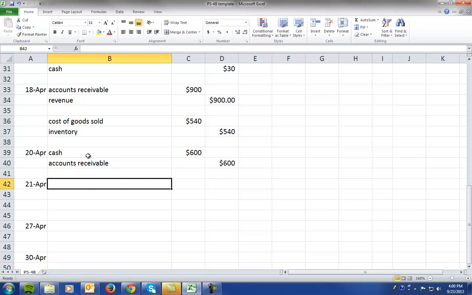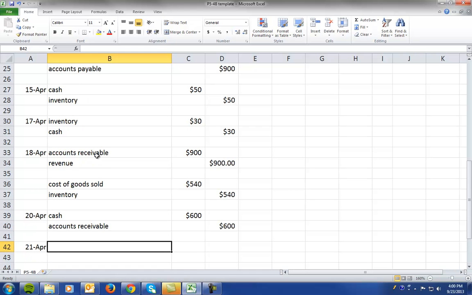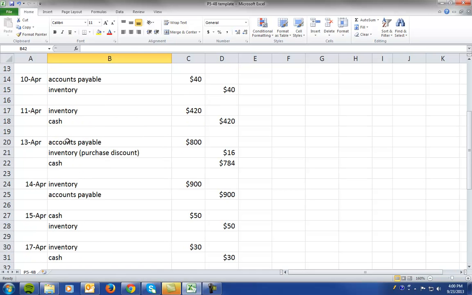Then on the 21st, they paid Haley Sportswear in full. So remember, they bought from Haley Sportswear on the 14th and they paid on the 21st, meaning they get the discount. So we have this transaction.